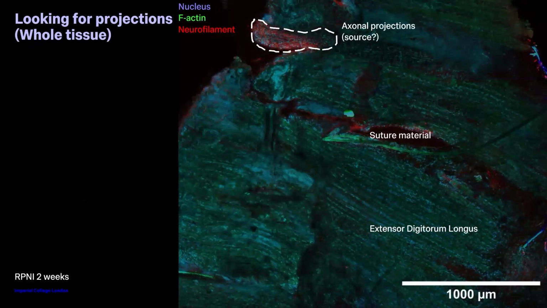So we've also tried to push the system in what we can do with 3D imaging and volume imaging. We've taken the whole tissue and cleared it using the CUBIC protocol, applied our standard immunofluorescent labeling. And what we can start to see is that you get good preservation of the whole tissue, you get the striations of the muscle cells, and you can start to see where a nerve is going into a muscle right at this point here.